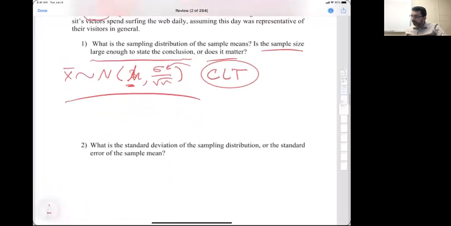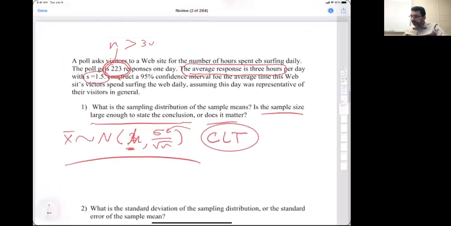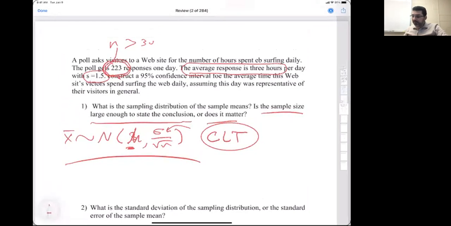Another example: suppose the sample size here is less than 30 observations, and we don't know the shape of the distribution, whether it's normally distributed or not.